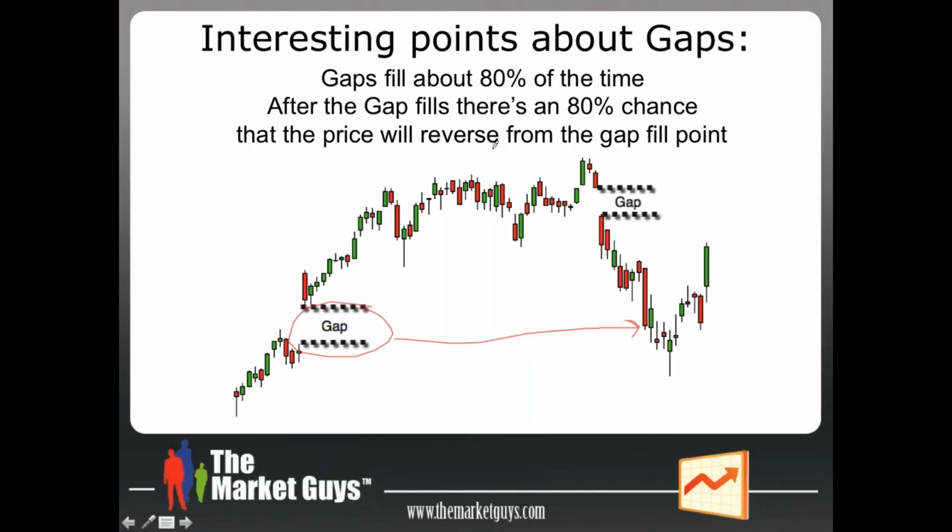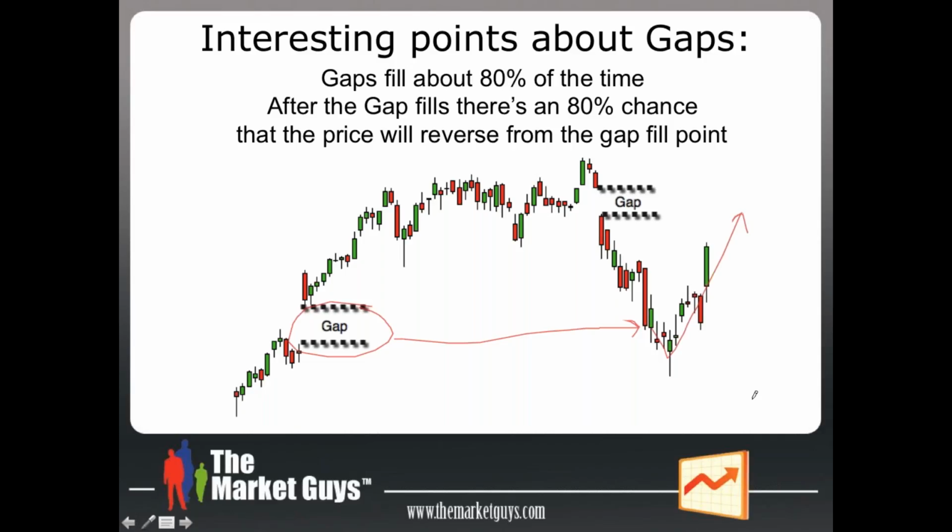Now, the other part of this 80%, it's an 80-20 rule that pertains to gaps, is that once the gap fills, and again, we already defined what fill means, after the gap fills, there's an 80% chance that the stock is going to go higher from there or reverse. So it's 80-20, 80% chance it'll fill, 20% chance that it won't, and then after it fills, there's another 80-20 rule.